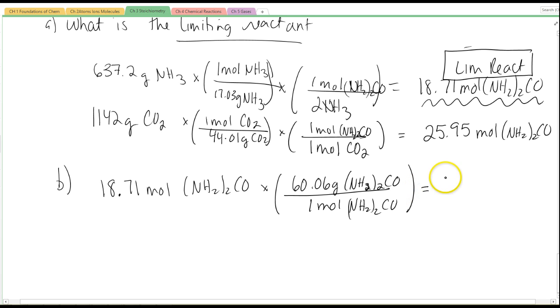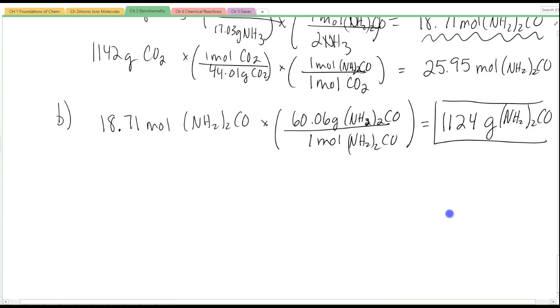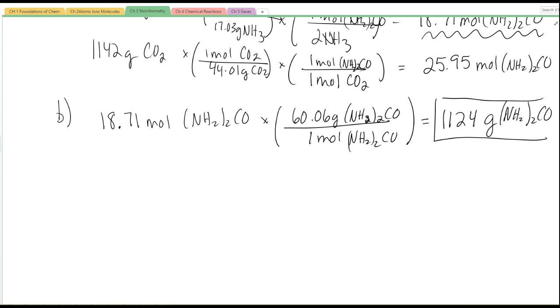And ultimately I get 1,124 grams of NH2CO, with sig figs for my rounding. Notice that I got the same answer. I'm basically doing the same thing I was doing up in the BCA table. This is just a more linear way. So whichever way works for you, you should stick with.